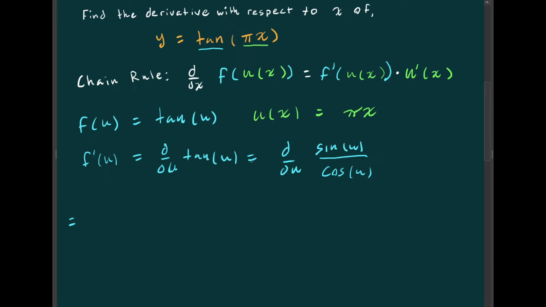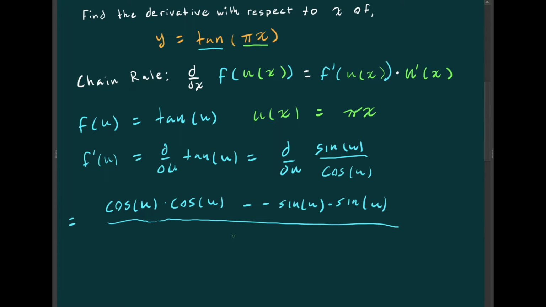That's the derivative of the numerator, the derivative of sine of u, which is cosine of u, times cosine of u, minus the derivative of cosine, which is negative sine, times sine of u. And then all that divided by cosine squared u.